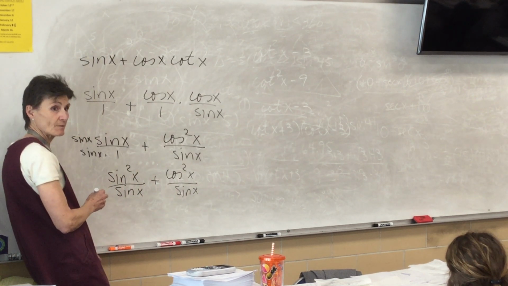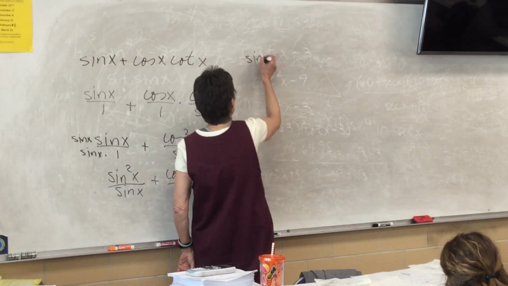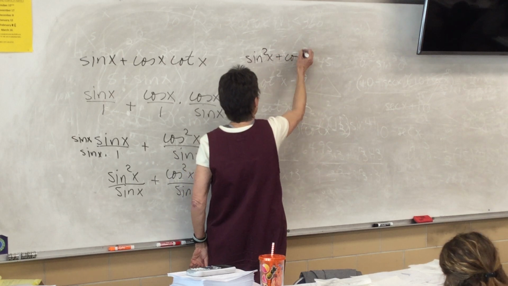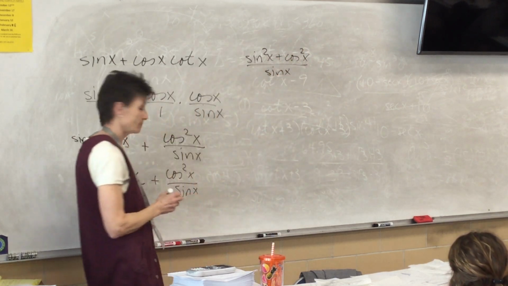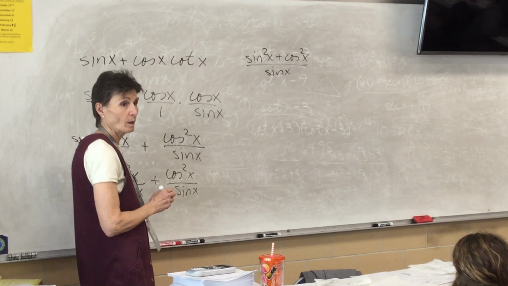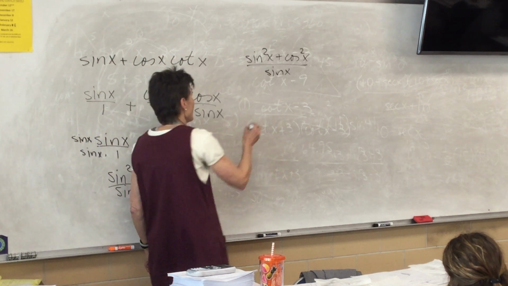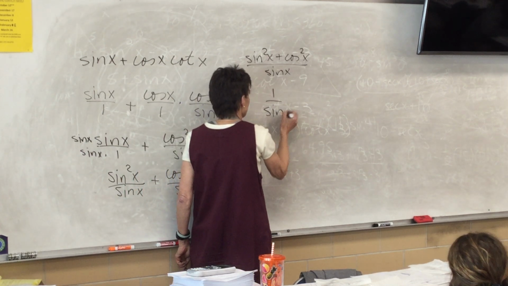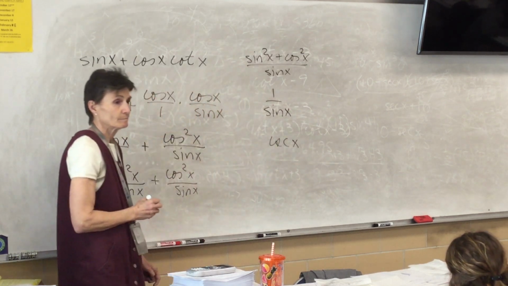Can I add those together now? So now I have sine squared plus cosine squared all over sine. Wait, what's sine squared plus cosine squared? 1. That's 1. So I have 1 over sine, which is cosecant.